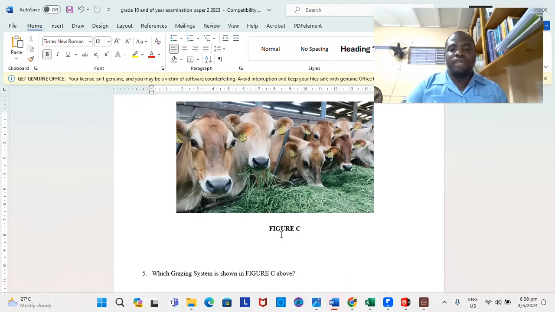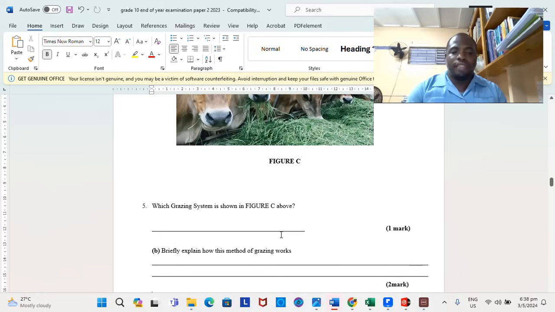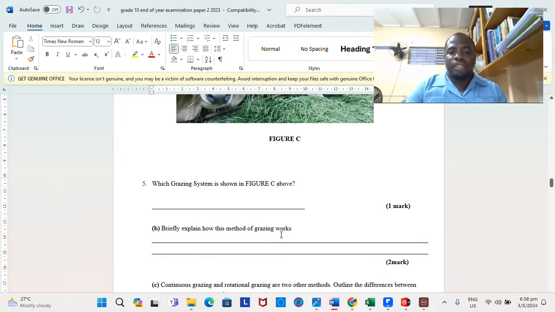Now the type of grazing system would have been zero grazing. And as the word zero suggests, no grazing is done. Instead, the forage is cut and brought to the animals, right? Briefly explain how this method of grazing works, and I just spoke about that.